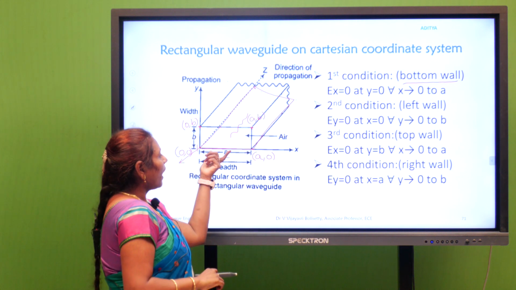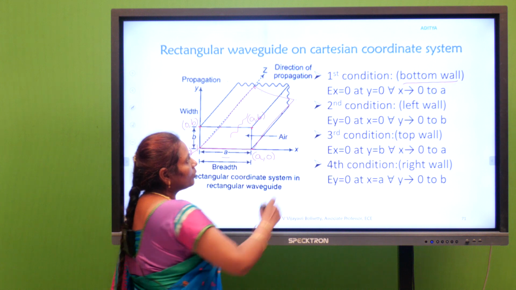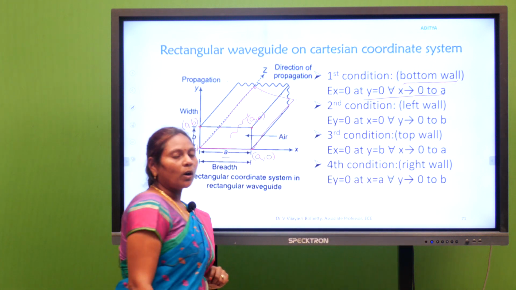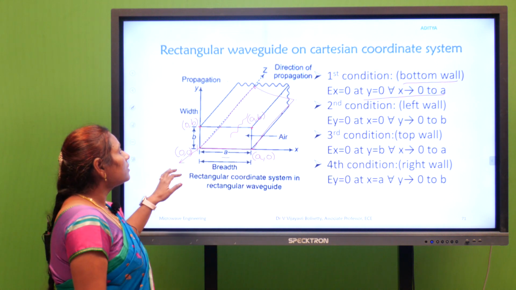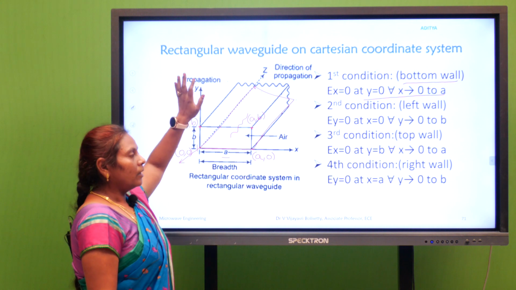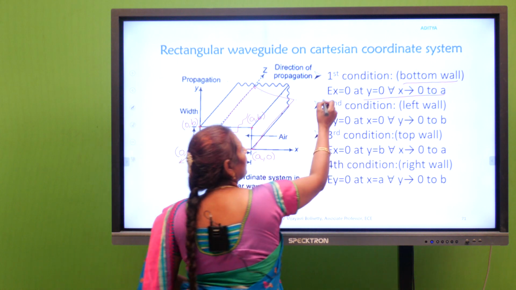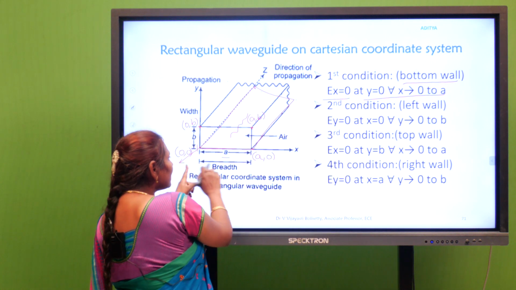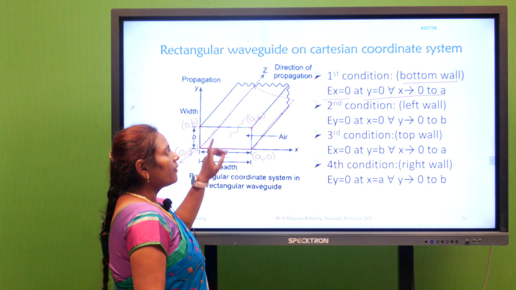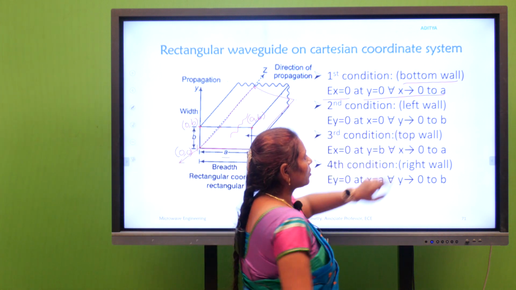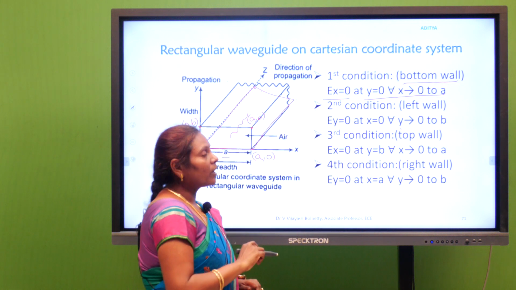On the bottom wall, x changes from 0 to a and y remains 0. That is our condition: y equals 0 for all x from 0 to a. While deriving the TE wave equation, because x is a continuous variable, we take the field Ex equal to 0. Remember, wherever the field variable is continuous, if y is continuous, Ey equals 0, and if x is continuous, we take Ex equals 0.